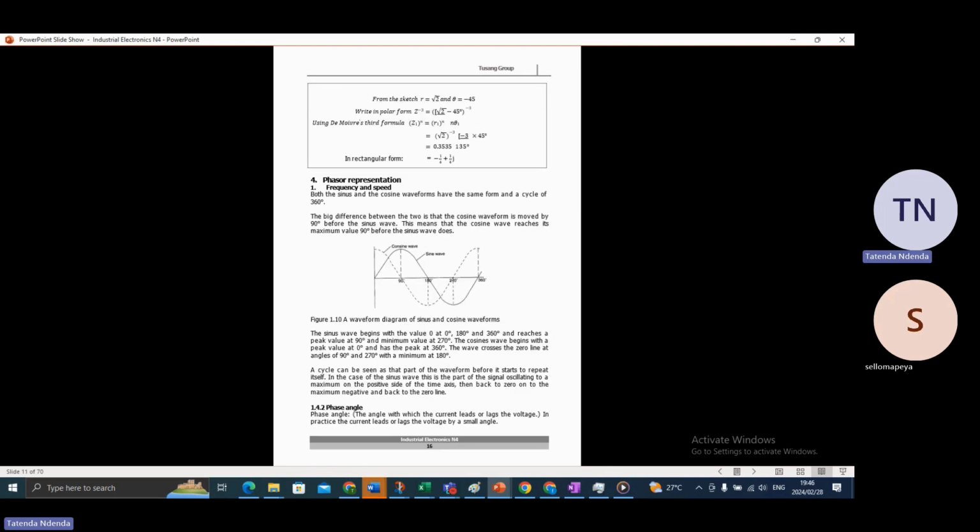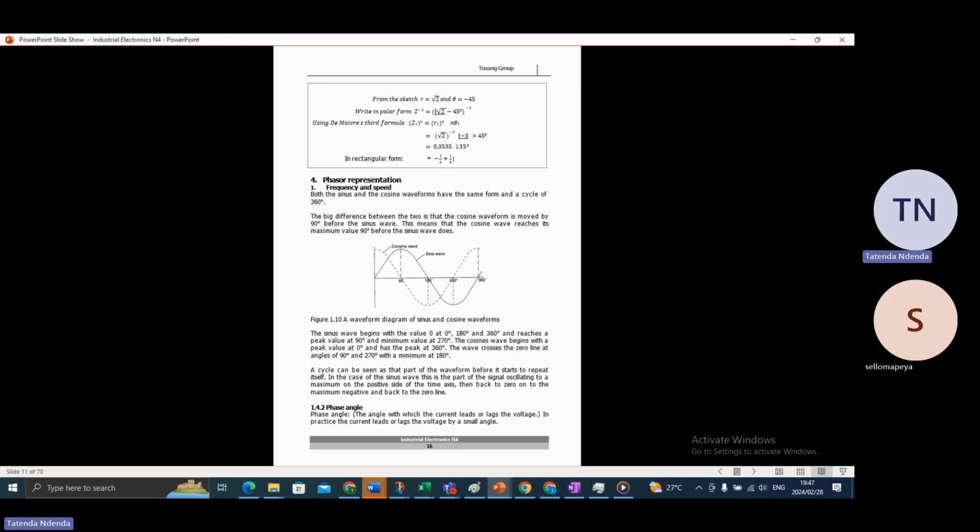Now we go to the phasor representation, which is the frequency and speed. Both the sine and cosine waveforms have the same form in a cycle of 360 degrees. The difference between the two is that the cosine waveform is shifted by 90 degrees before the sine wave. This means that the cosine wave reaches its maximum value 90 degrees before the sine wave does.